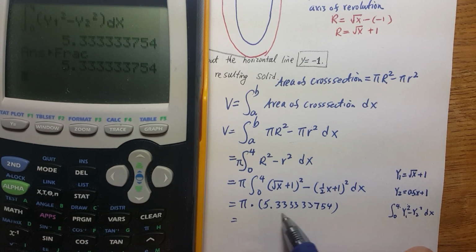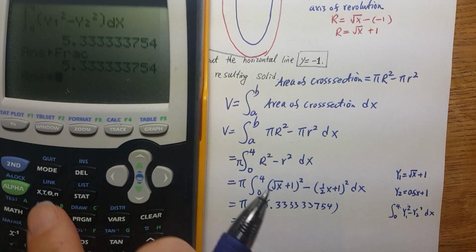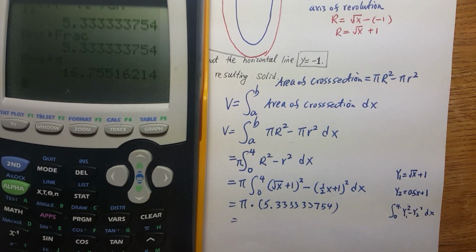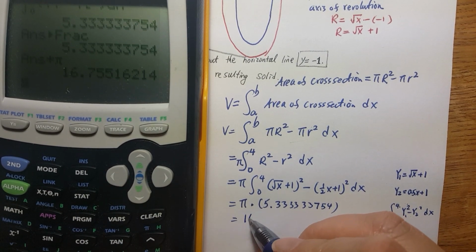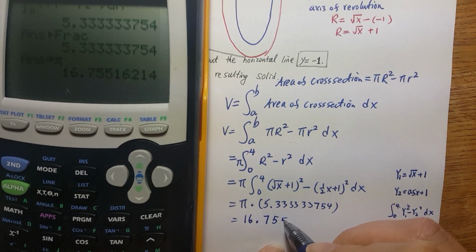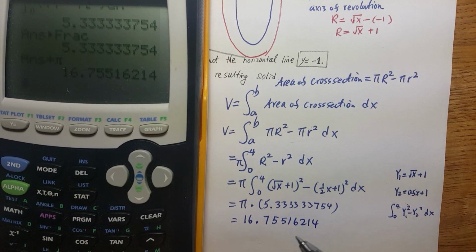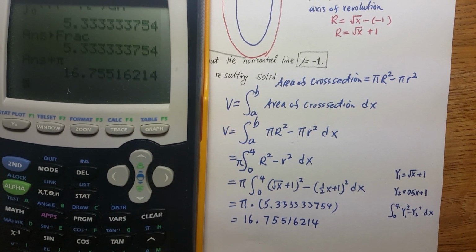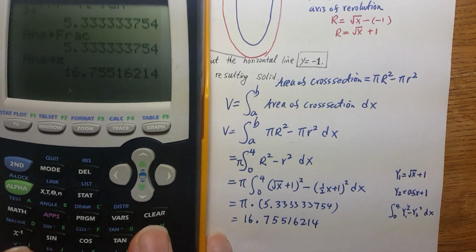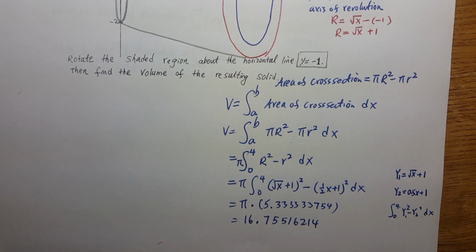I don't want to leave my answer this way, so I'm going to times pi. So I turn it into pure decimal. So I got 16.75516214. So I finished. So we found the volume that is 16.755. So we finished today's lesson.